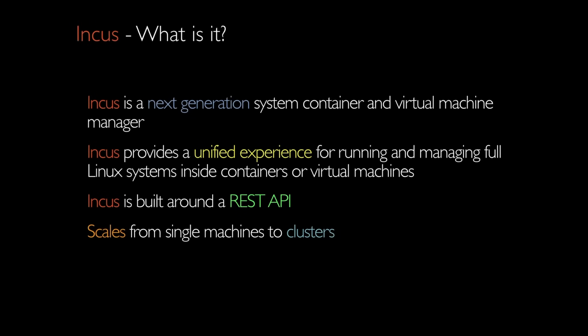Incus provides a unified experience for running and managing full Linux systems inside of a container or a virtual machine, your choice. There are still business reasons to use containers, and there are business reasons to use virtual machines. And there probably will be for as long as there are applications that fit in those two diverse types.